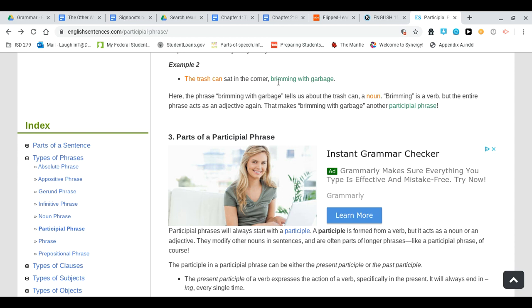Brimming, like it says right here, is a verb, but again, the phrase acts as an adjective because it describes what the trash can is like. So that's what it really boils down to: participial phrases describe what the noun is like an adjective, but they begin with a verb.